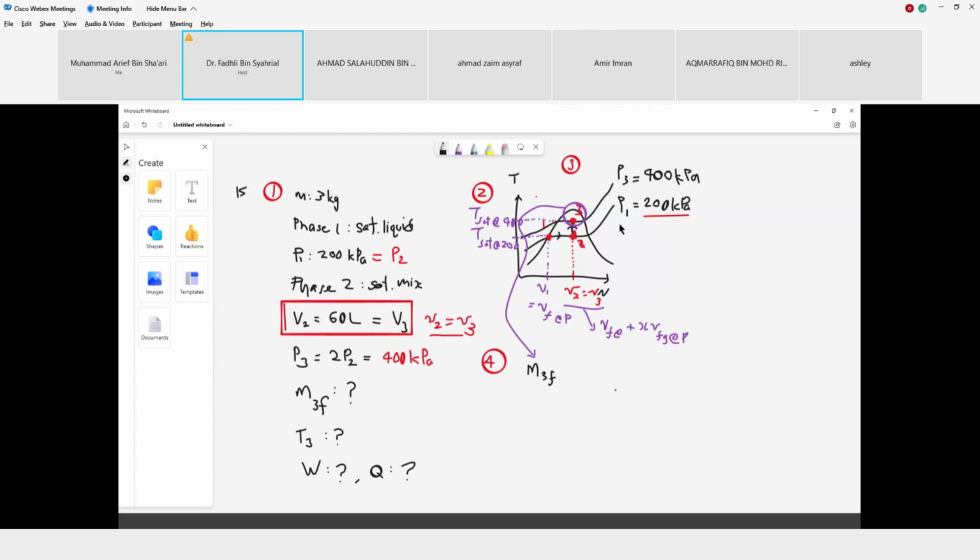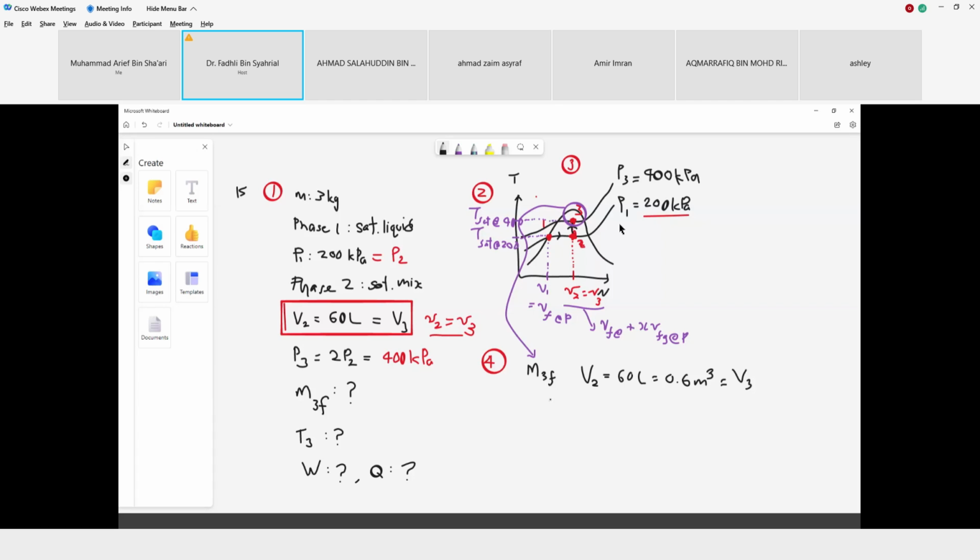So we know that V2 is equal to 60 liter, which is equal to 0.06 meter cubed. Right. And this value also equals V3.